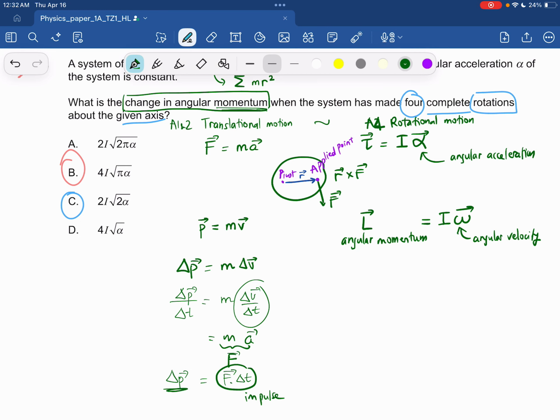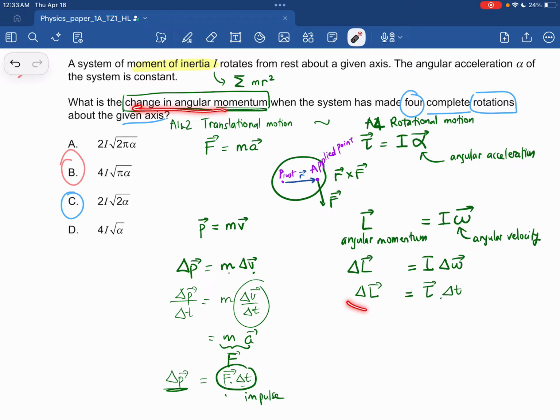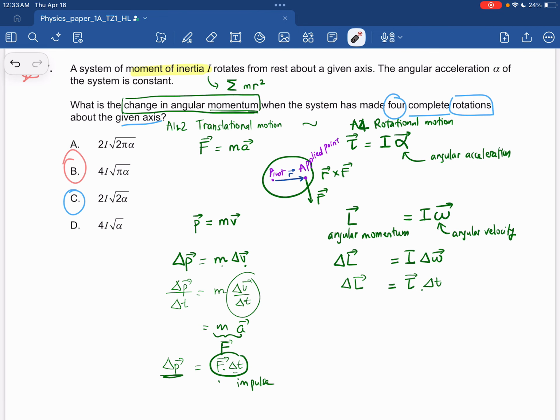Here delta p will be delta L. If it is the mass, then it should be I. If it is v, then it should be delta omega. And this F should be the torque, as a vector, times delta t. So the change in angular momentum will equal this. Make sense?